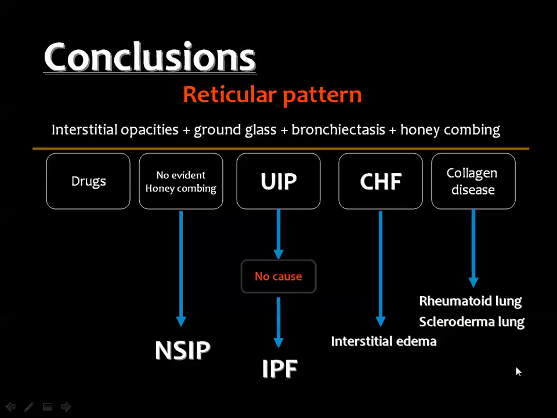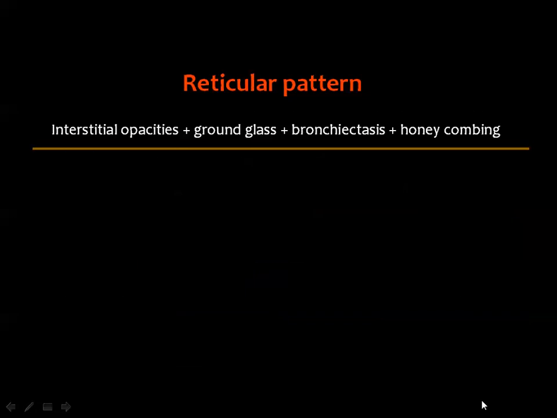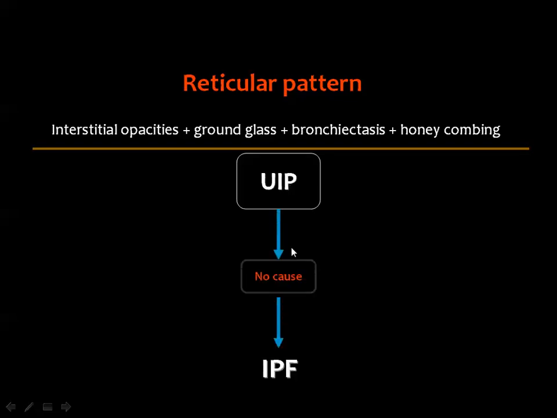If the patient is known to have drugs which produce interstitial opacities, then you are dealing with drug-induced interstitial lung disease. Then once more, if you see these changes, the diagnosis is usual interstitial pneumonia. If no underlying cause, it is known as idiopathic pulmonary fibrosis.